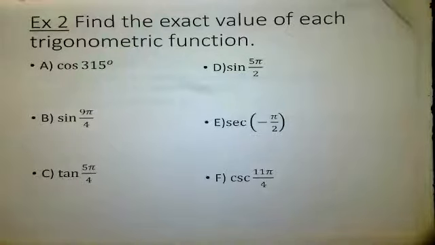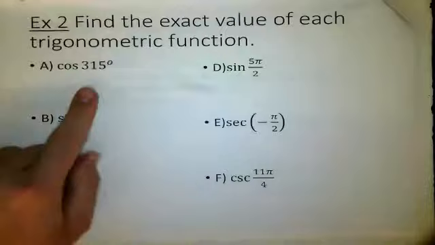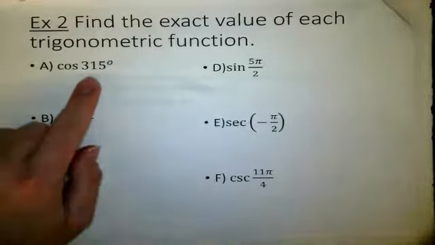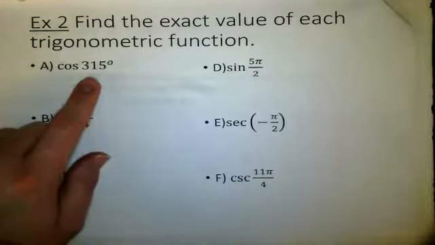You learned the 0 and 1. Those aren't hard, are they? And radical 2 over 2. The only thing that changes are the signs, right? So what I do is just draw a little sketch of what we're looking at and think just about those numbers and those ordered pairs, okay?